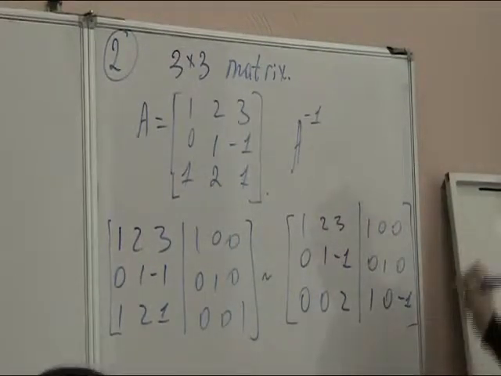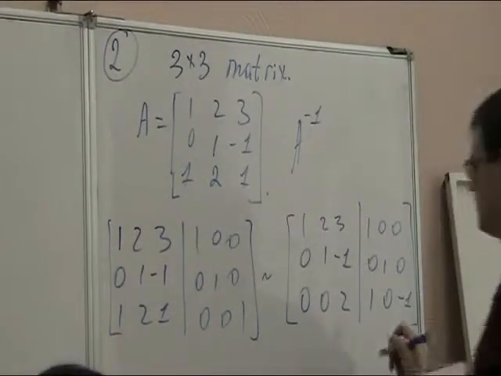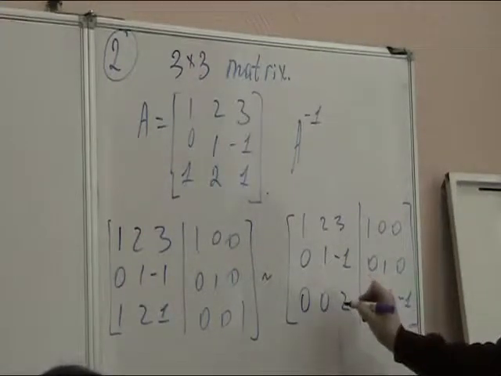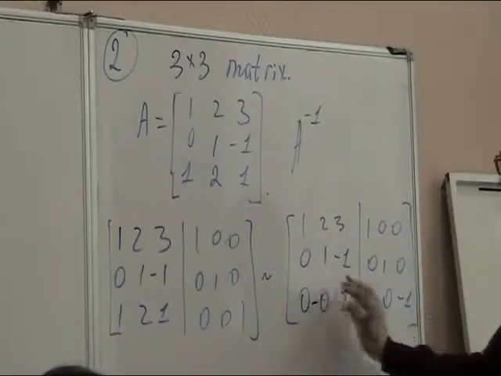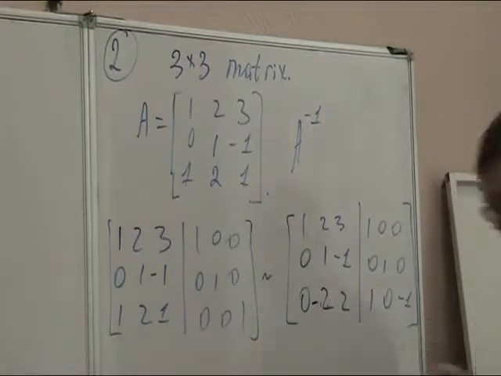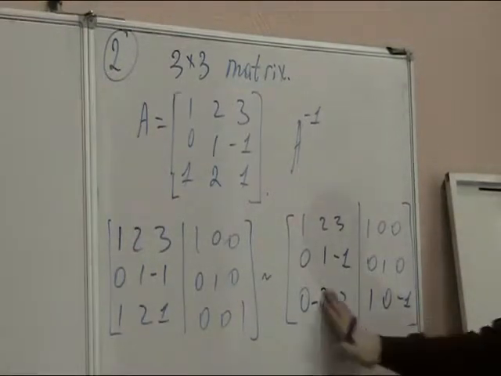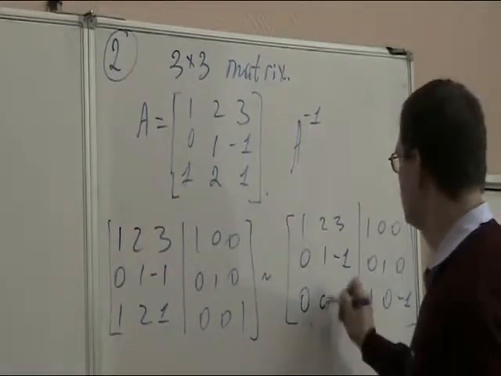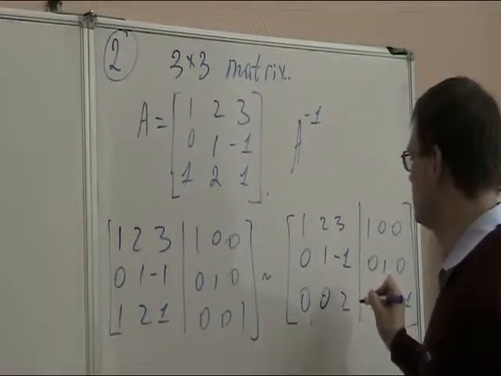0 over here. Excuse me, the missing minus 2. 1 minus 3 is minus 2. Yes, thanks. Here, 0, then minus 2, on the right hand, 0, 0, minus 2.